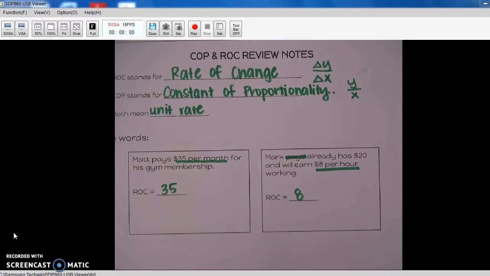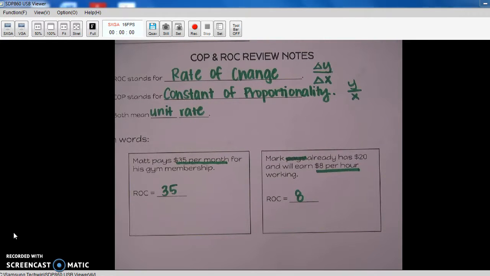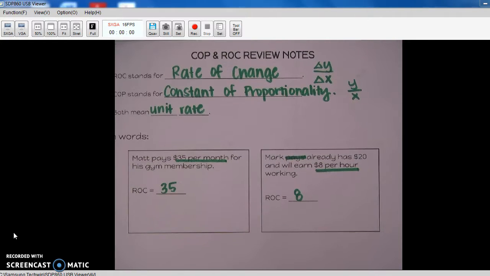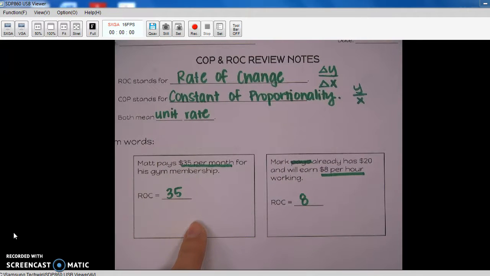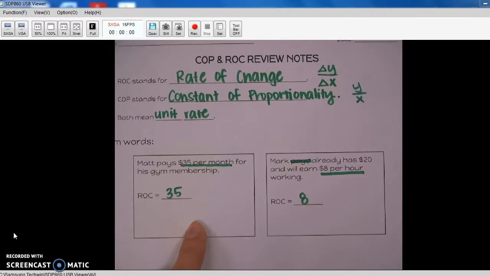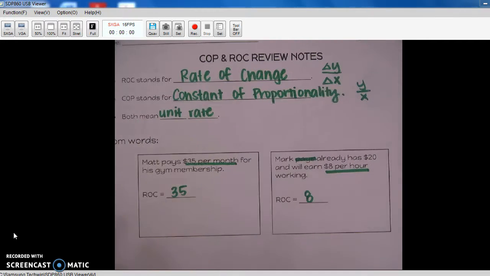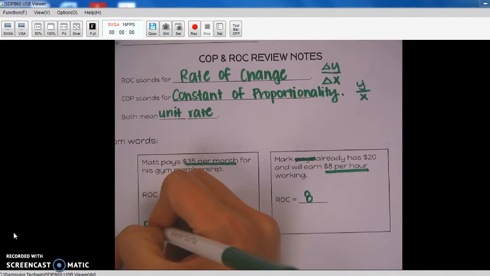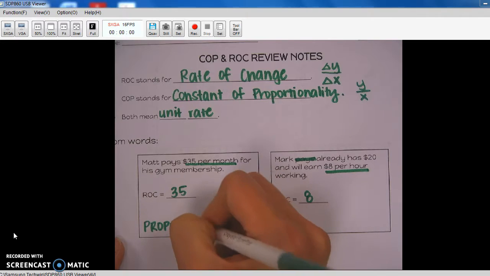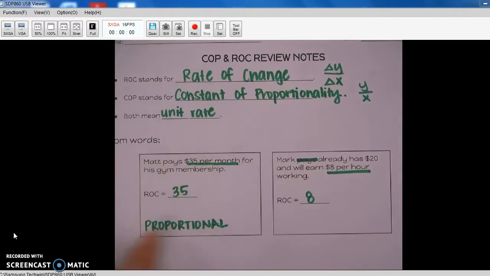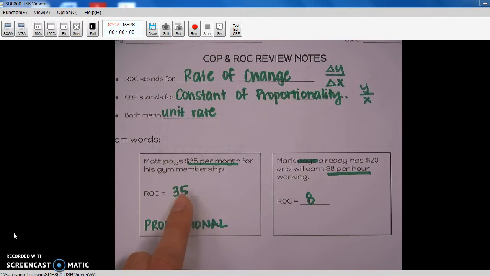So let's talk about proportional and non-proportional again for a second. In our first example, the only thing Matt is paying for is the $35 per month membership. He's not paying any other fee or anything like that. So in this example, we have a proportional relationship because the only amount involved is the unit rate, the rate of change.